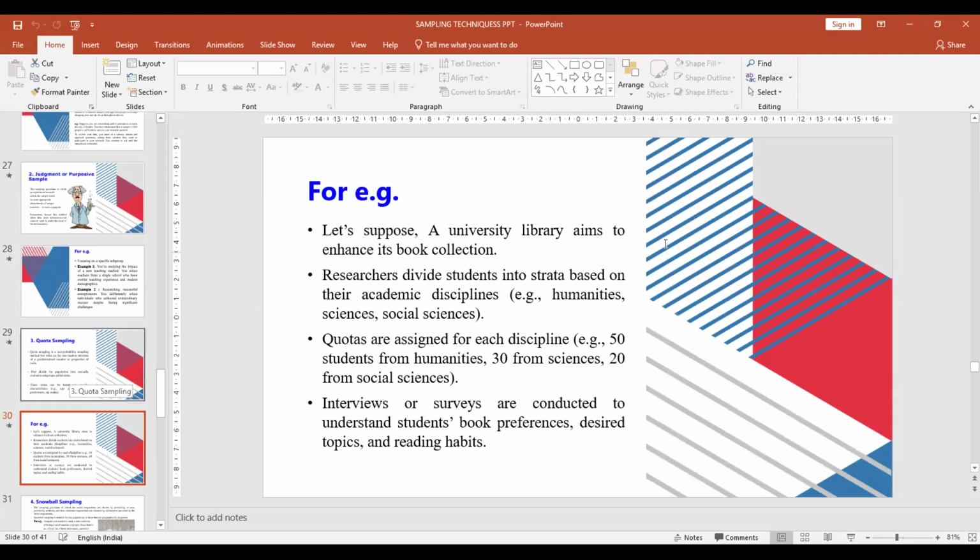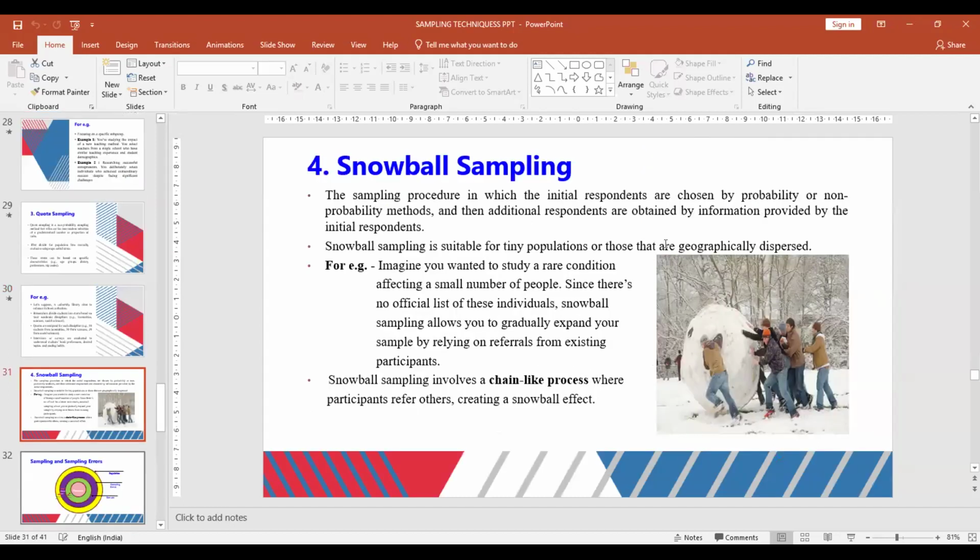Those are geographically dispersed. For example, imagine you wanted to study a rare condition affecting a small number of people. Since this is available, maybe you would like to research on PWD students.